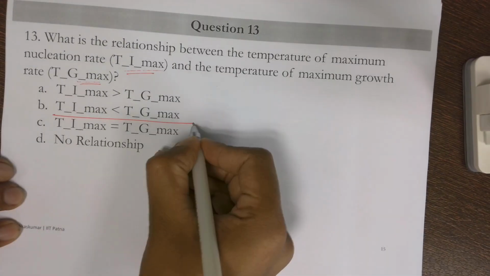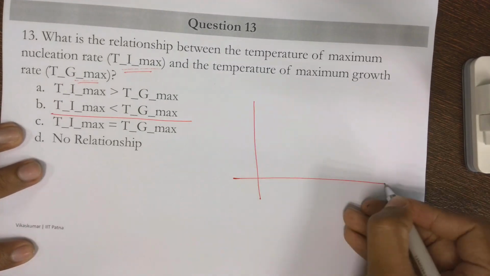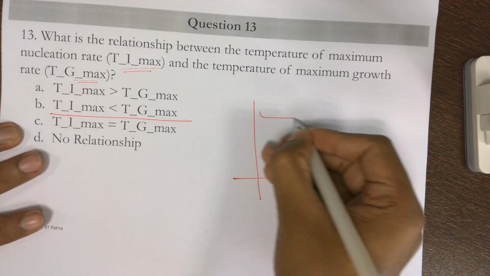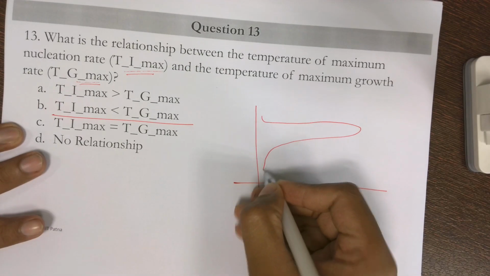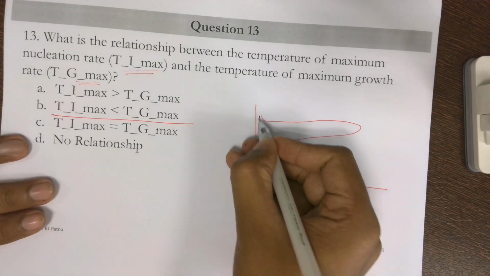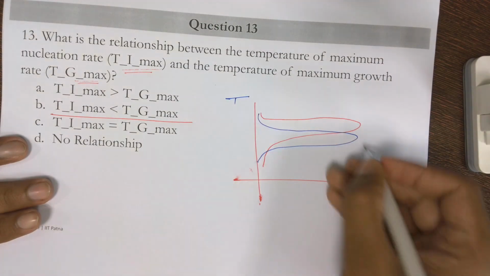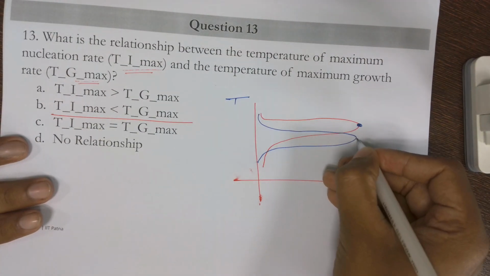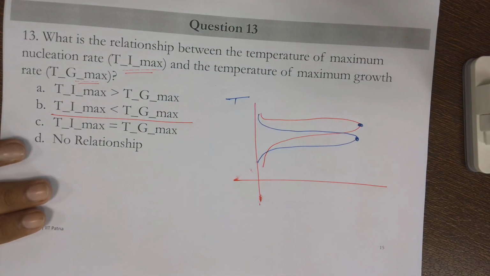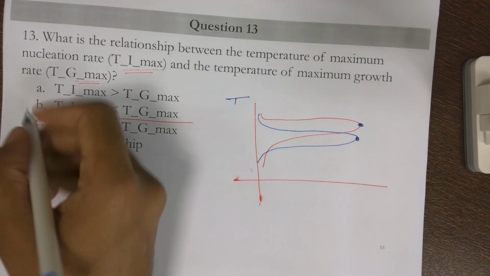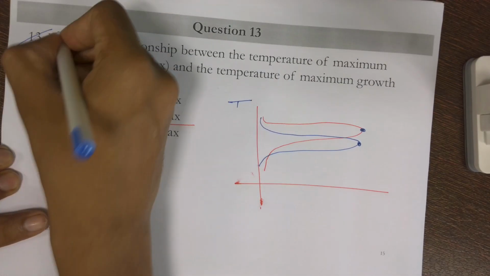Very good, perfect. So we saw that the growth rate will be like this, nucleation rate will be something like this, and on the y-axis it's the temperature. So growth rate is at the high temperature and the maximum of the nucleation rate will be at the lower temperature. So option B is the right answer over here.